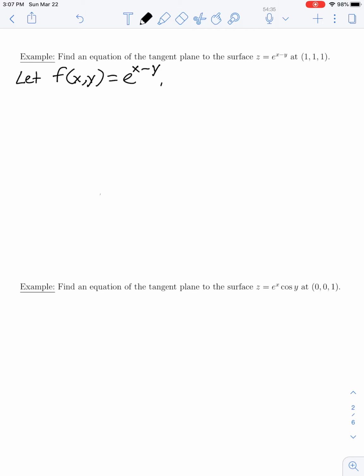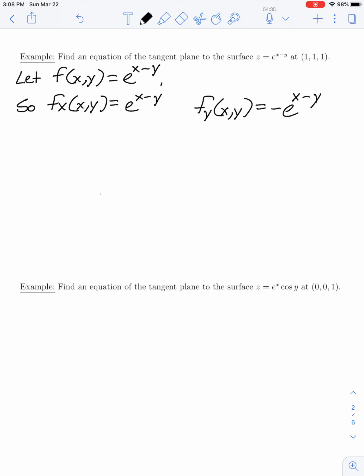And we need to find our partial derivatives of this function. So here our partial derivative of f with respect to x is e to the x minus y power, and our partial derivative of f with respect to y, using the chain rule, is negative e to the x minus y power.